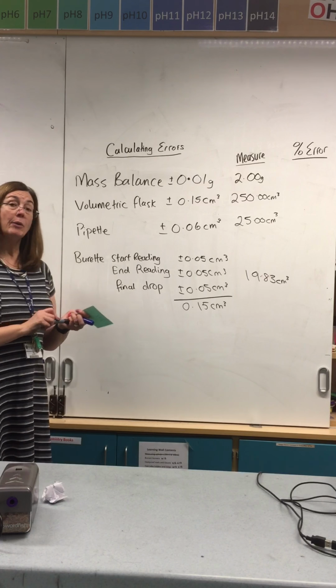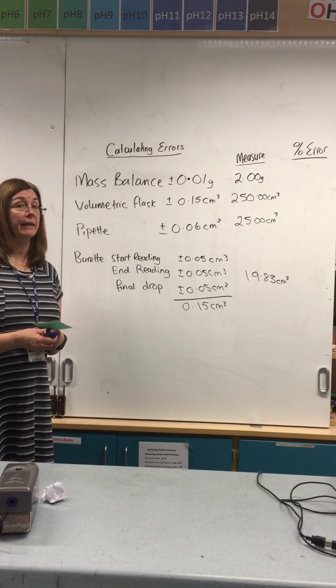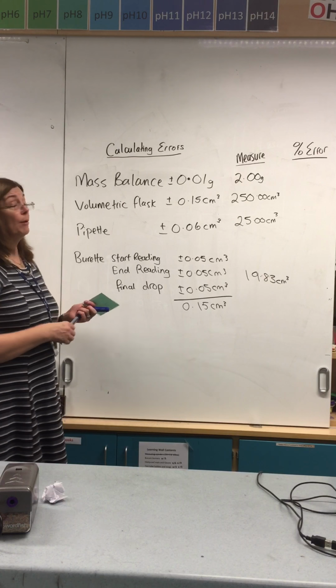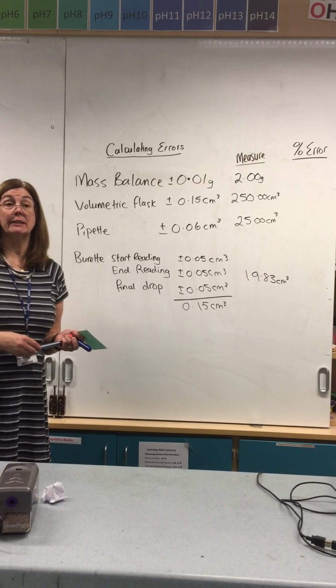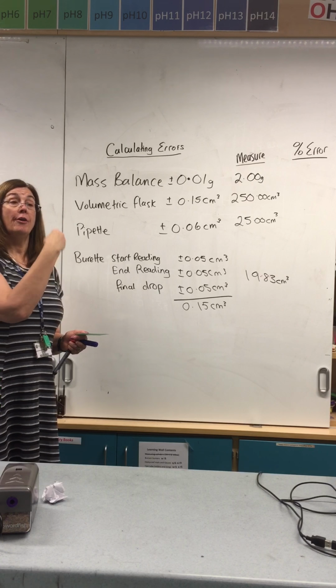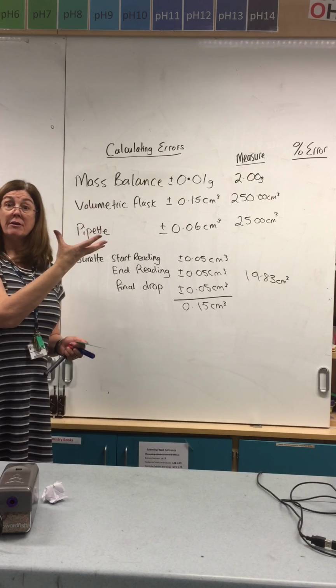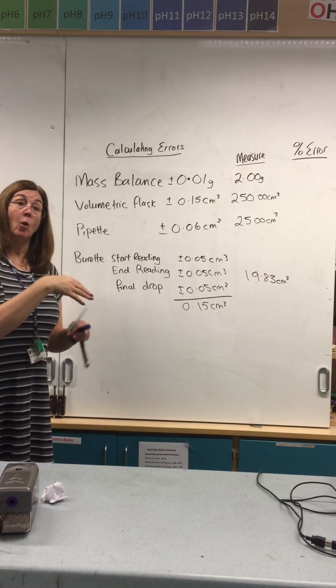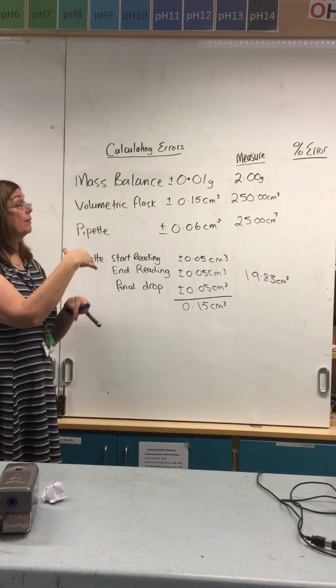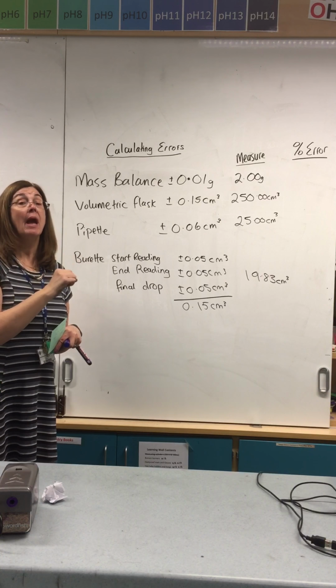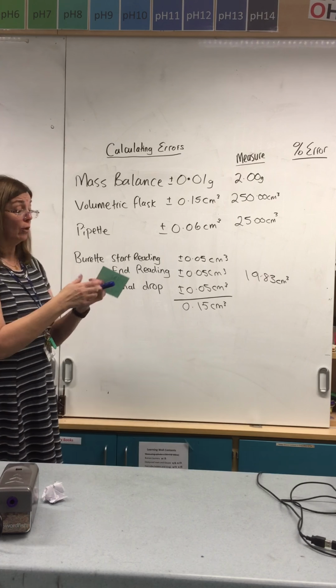Okay, so now we come to the point of how do we calculate errors. A percentage error is like any percentage. You take the error, you divide by what you measured, the range, and you multiply it by 100.